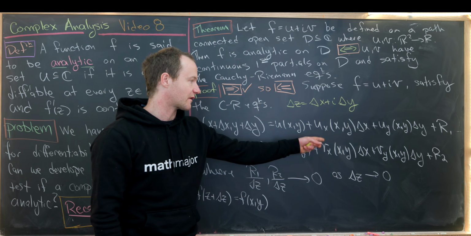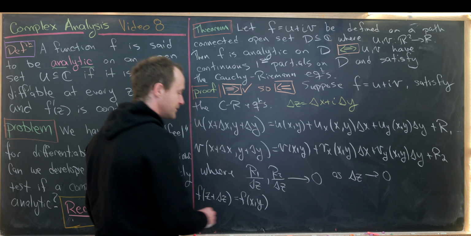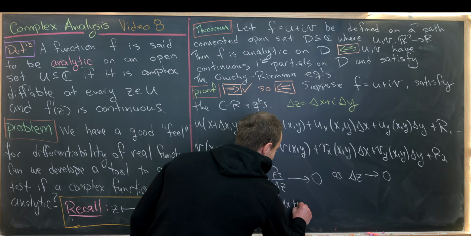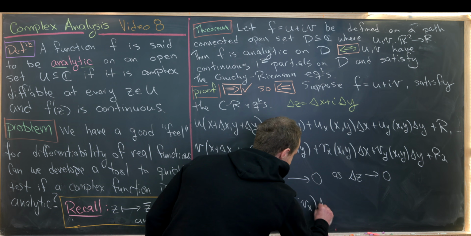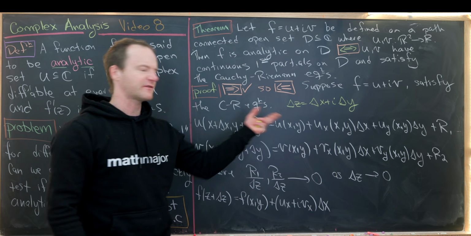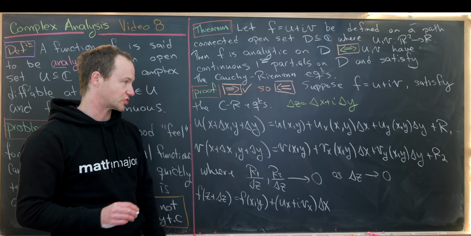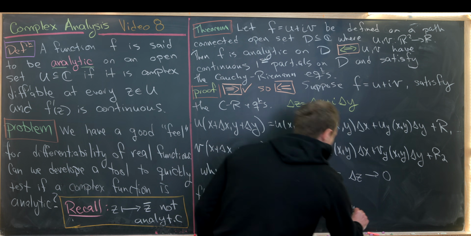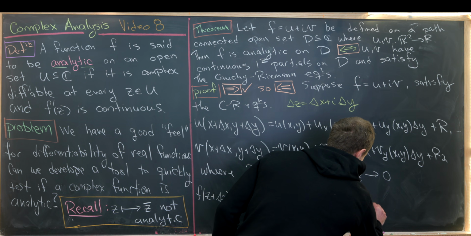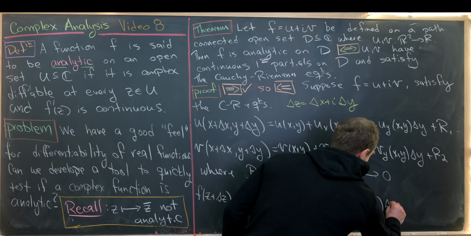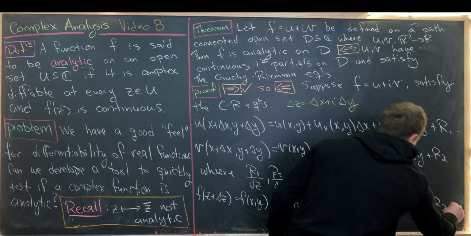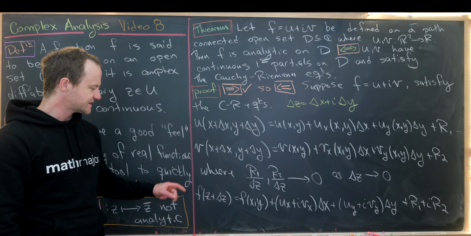We'll similarly have things like that over there. So we'll have plus ux plus i vx times delta x. I've left off my xy there for shortness. And then plus uy plus i vy times delta y, and then plus r1 plus i r2. So this is looking good.